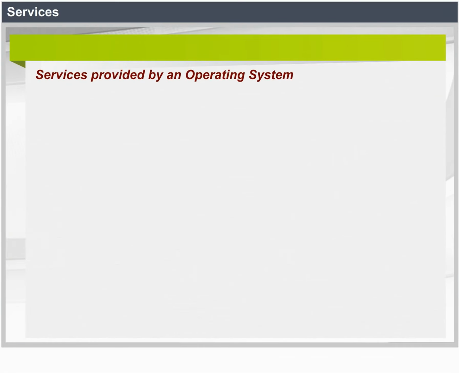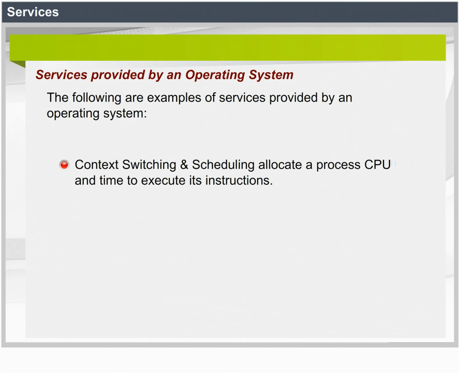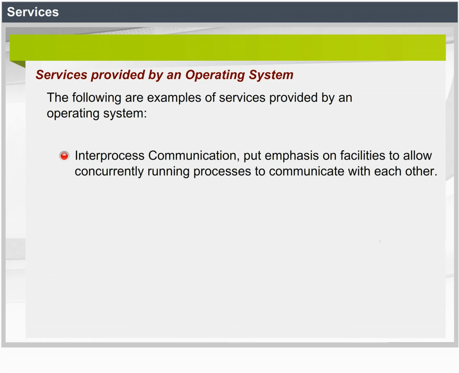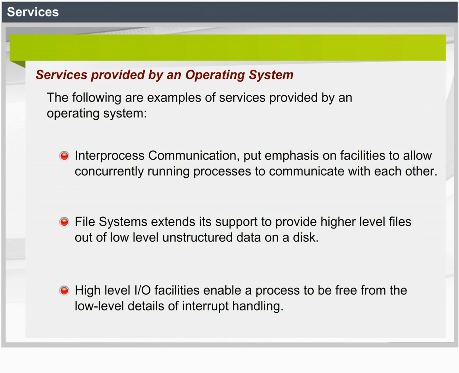The following are examples of services provided by an operating system: context switching and scheduling, which allocate a process CPU time to execute its instructions; memory management, which deals with allocating memory to processes; interprocess communication, which deals with facilities to allow concurrently running processes to communicate with each other; file systems, which provide higher-level files out of low-level unstructured data on a disk; high-level I/O facilities, which free a process from the low-level details of interrupt handling.